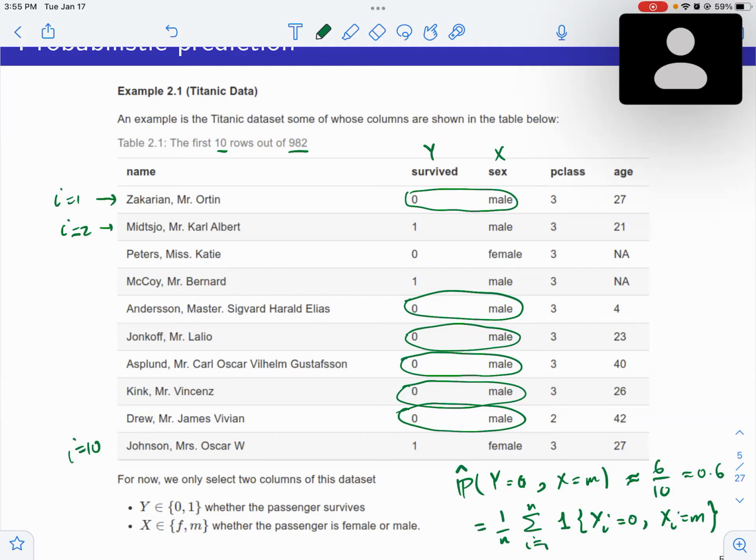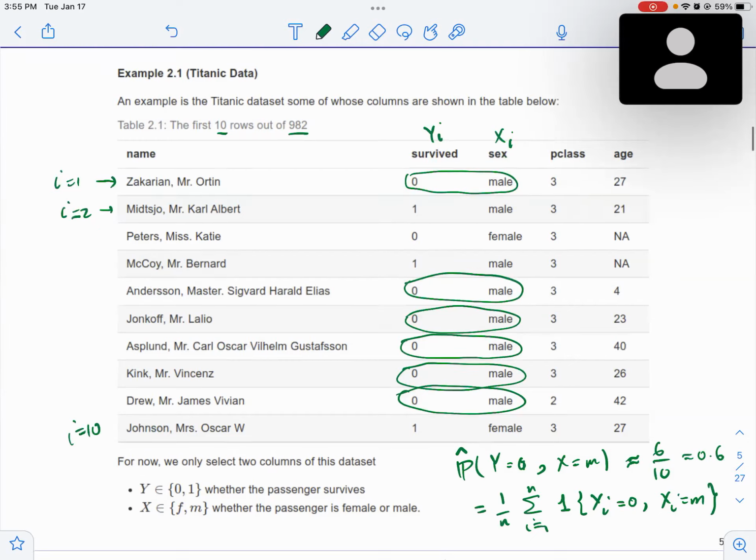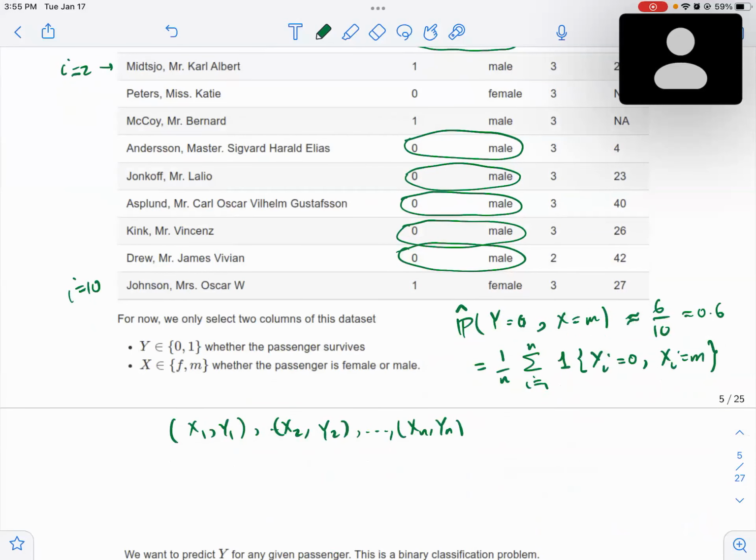So this would be y_i, this would be x_i. Each one of these rows will contribute one of these observations. So this is my training data, if you will. My entire data, we'll call it the training data. That's what I use to form my estimate.